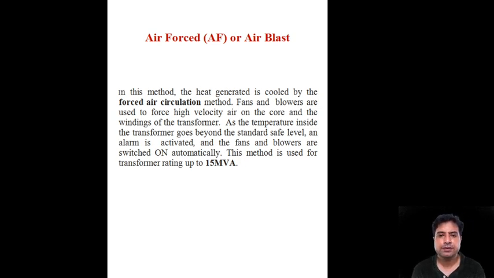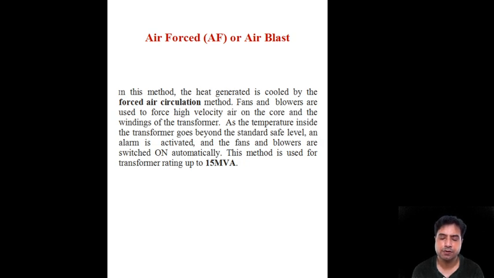Now the next type of cooling is air forced or air blast cooling. Once the heat emanated by the transformer goes over a certain range, self cooling may not be sufficient. So in this case, what we do is we direct a blow of air. And how do we create that blow of air? By use of fans and blowers.